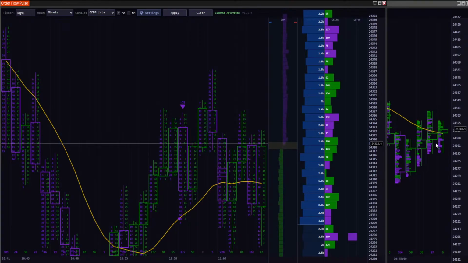The previous 5 minute is just like a spinning top. The other one past that, wick top, wick bottom. It's just not ideal.